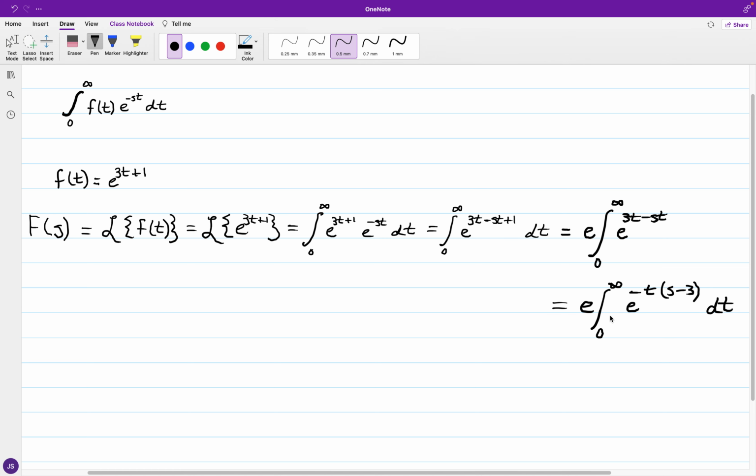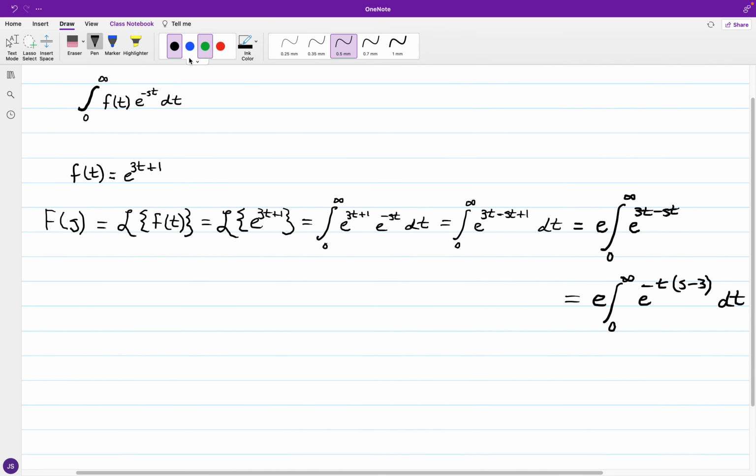And looking at the general integral for e to the 3t minus st, if we step aside for a moment, we have the integral of e to the negative t times the quantity of s minus 3 dt.